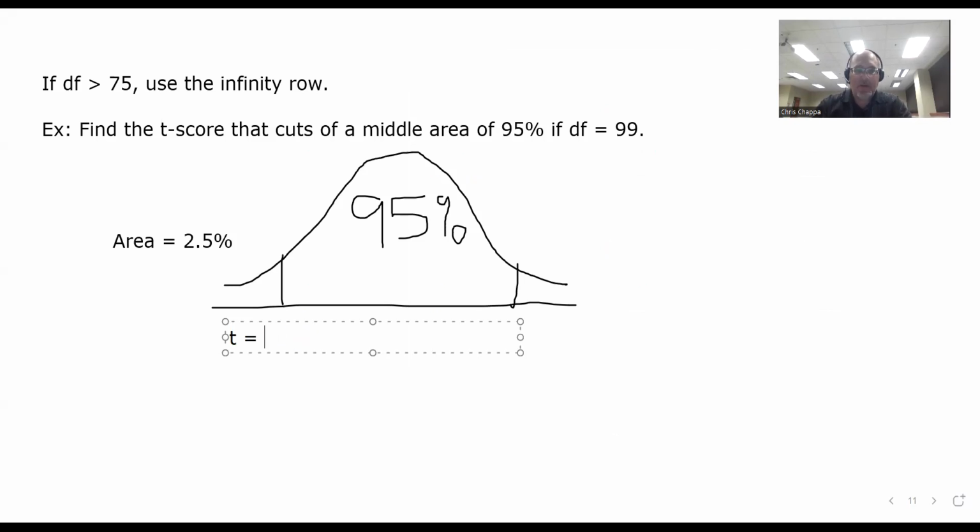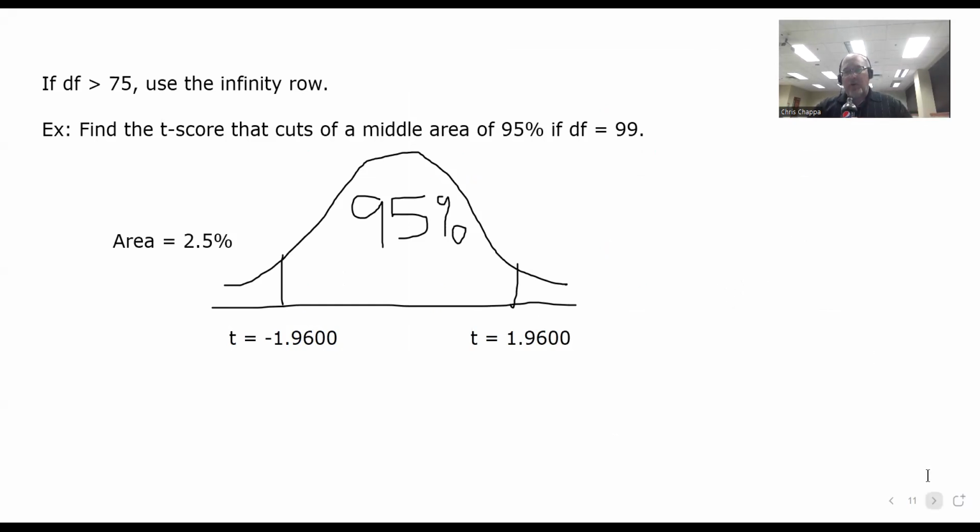Oops. Negative 1.9600. It's the right one that would be positive. Remember, the t-chart has right areas. All right, so just use the last row in case the degrees of freedom is too large.